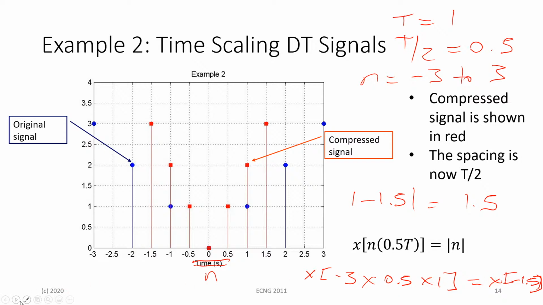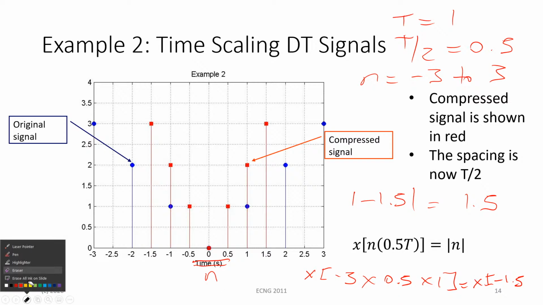So our resultant here, I'll just rewrite it, would have been x of -1.5. And that's how you get the -1.5 that's represented here in this bracket on the x-axis accordingly.